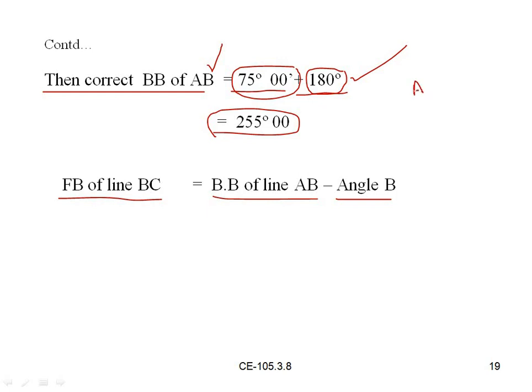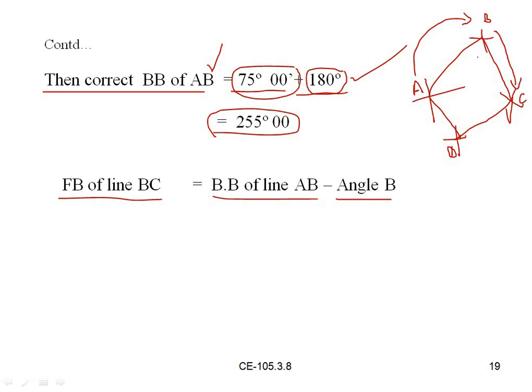Suppose you see here the station point A, and this is the station point B. Like this in the diagram, this is C and this is D. So in our diagram, the forebearing of line AB is nothing but the back bearing of line BA. If you see here, this will be the forebearing of BC, and going anti-clockwise it will be BA. So forebearing will be BC, but back bearing will be BA.